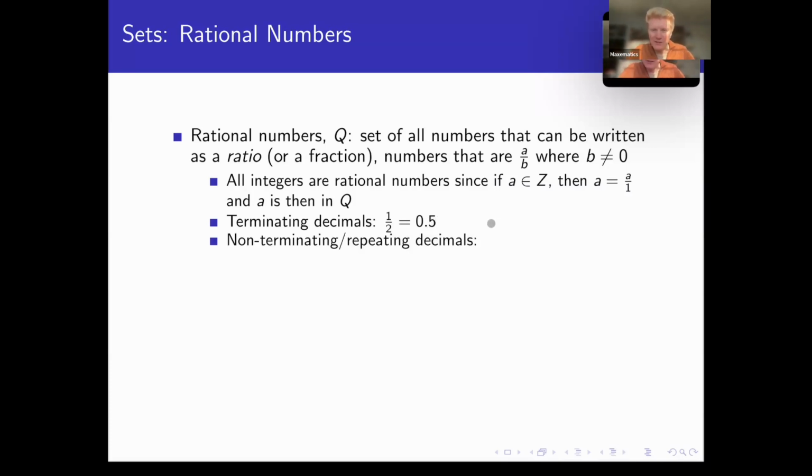Well, just because it goes on forever doesn't necessarily mean it's not a rational number, because we're also allowed to have non-terminating but repeating decimals. So for example, 1/3, if you were to do long division, 1/3 would be like 0.33333, but instead of writing 0.333 so on and forever, we can just write 0.3 repeating. This little bar at the top of the 3 means the number is repeating.